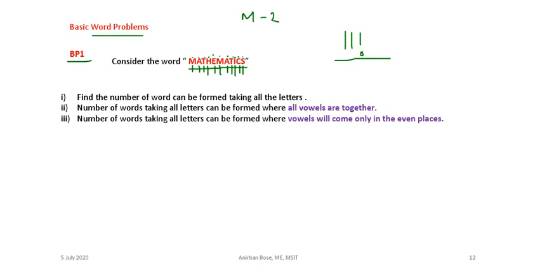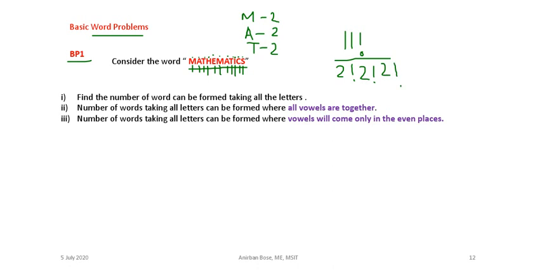How many A's are there? We can see there are 2 A's. How many T's are there? There are 2 T's. So these are the only repeated letters, I think, and no more repetition is there. So that will be divided by 2 factorial, 2 factorial, 2 factorial, because those are similar.